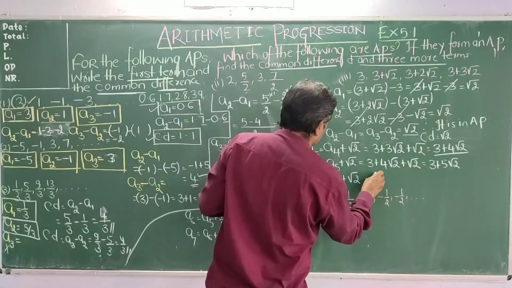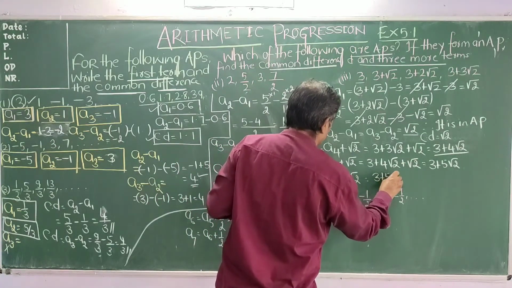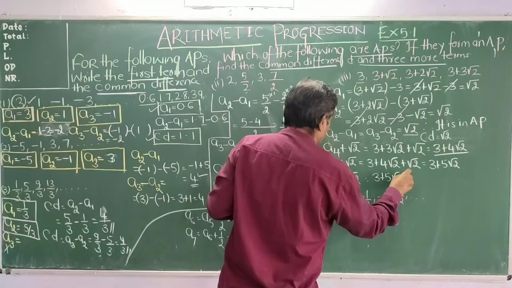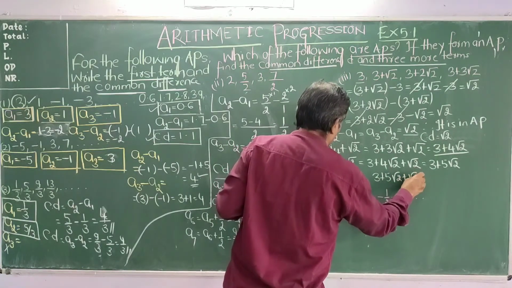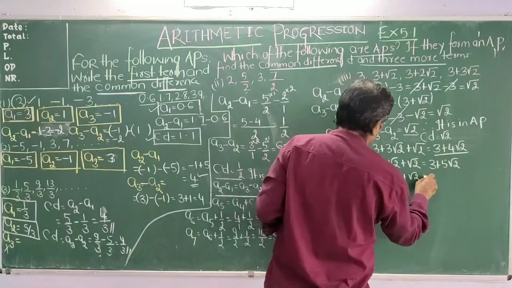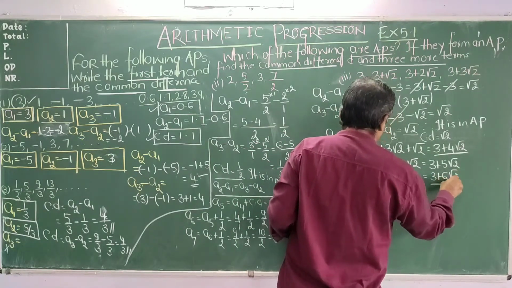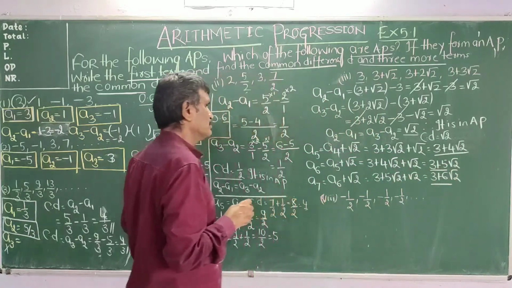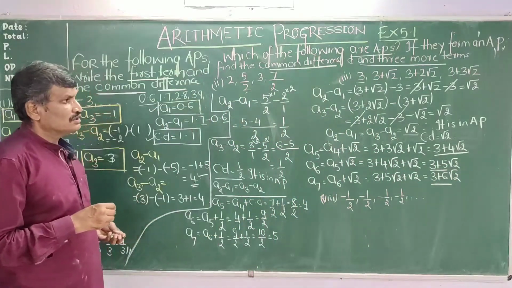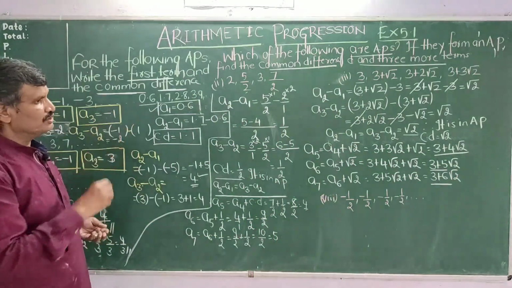What is sixth term? 3 plus 5 root 2 plus 1 root 2. That is 3 plus 6 root 2. So children, what I got is, I got the next 3 terms.